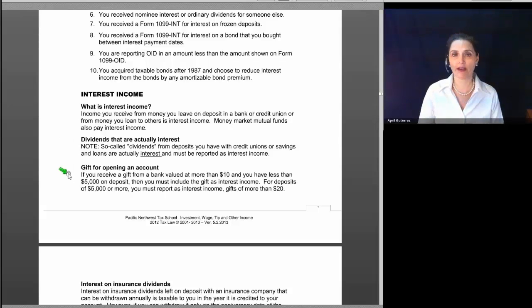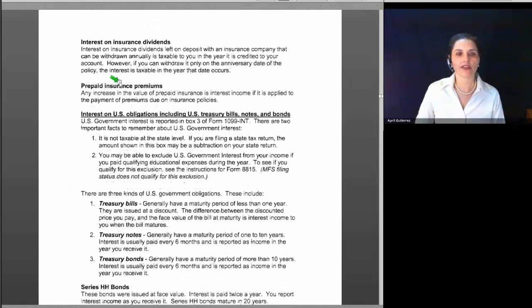If you open up an account with a bank or a credit union and they give you a gift, that gift may also be treated as interest income. If you receive a gift from a bank valued at more than $10 but you have less than $5,000 on deposit, then you need to report the value of that gift as interest income. If you have more than $5,000 on deposit, you only need to report as interest income gifts that are more than $20.